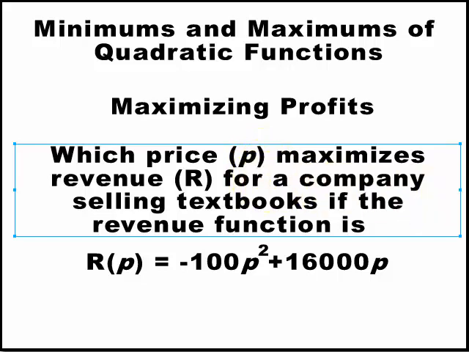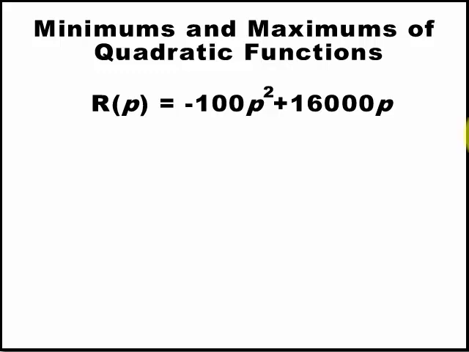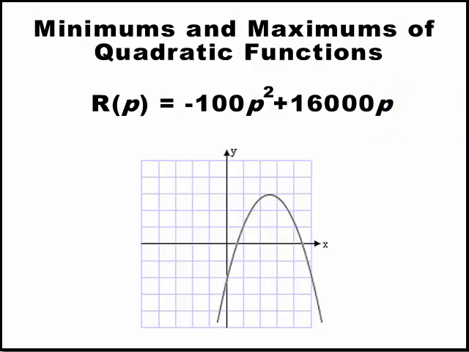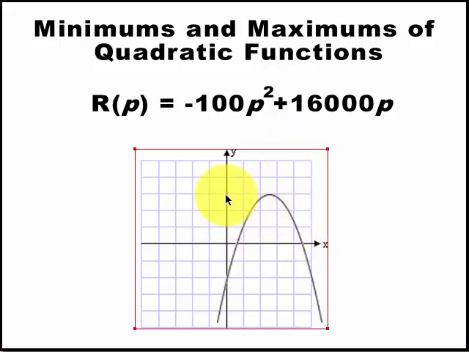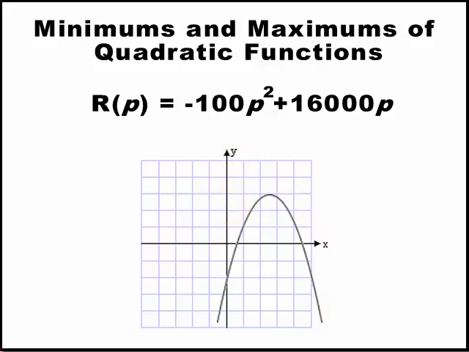So we're trying to figure out what the price should be for the textbook that's going to maximize this company's profits. There's the equation. We're going to find the highest y value we can get, also called the maximum.